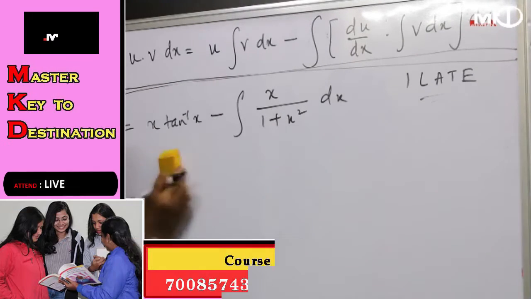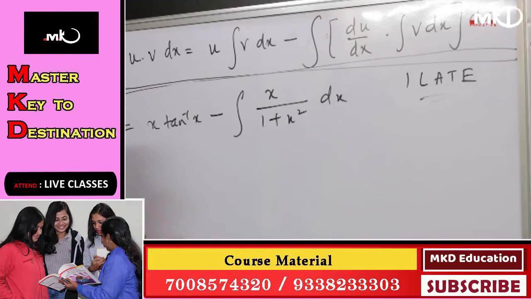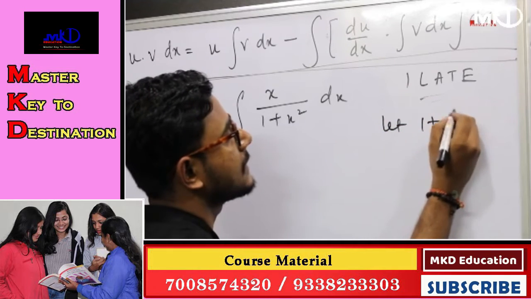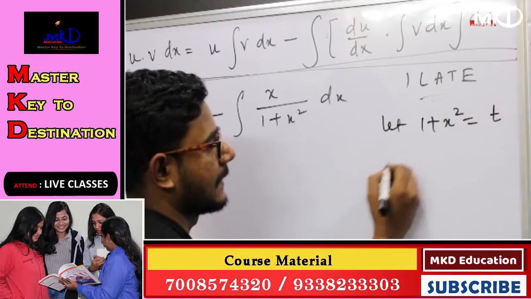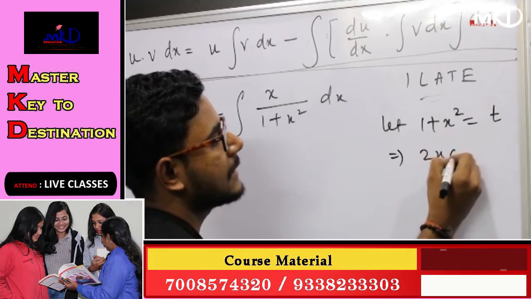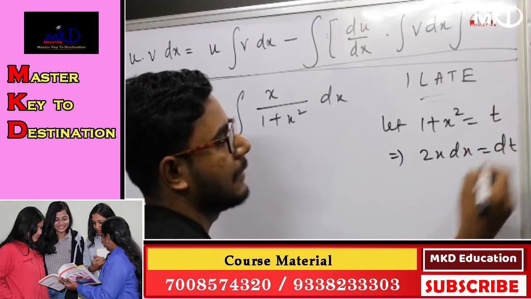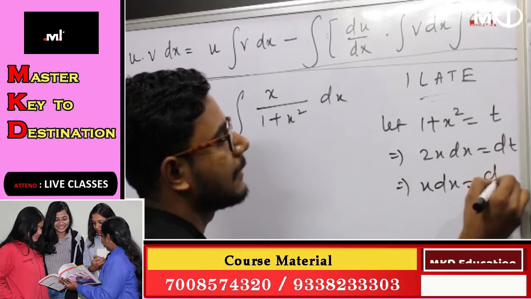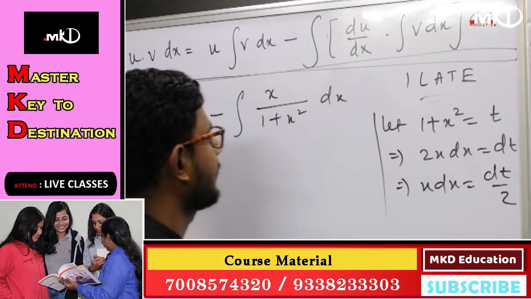To find its integration, we can let 1 plus x square be t, then it will become 2x dx equal to dt. So x dx will be dt by 2.